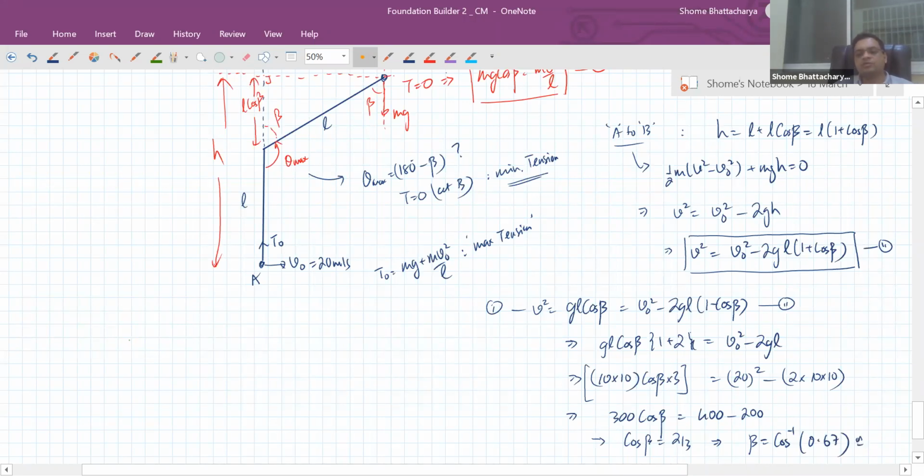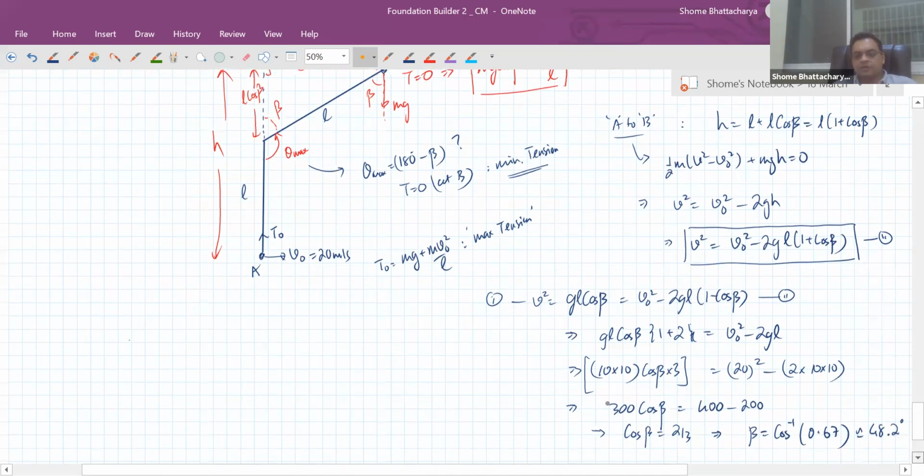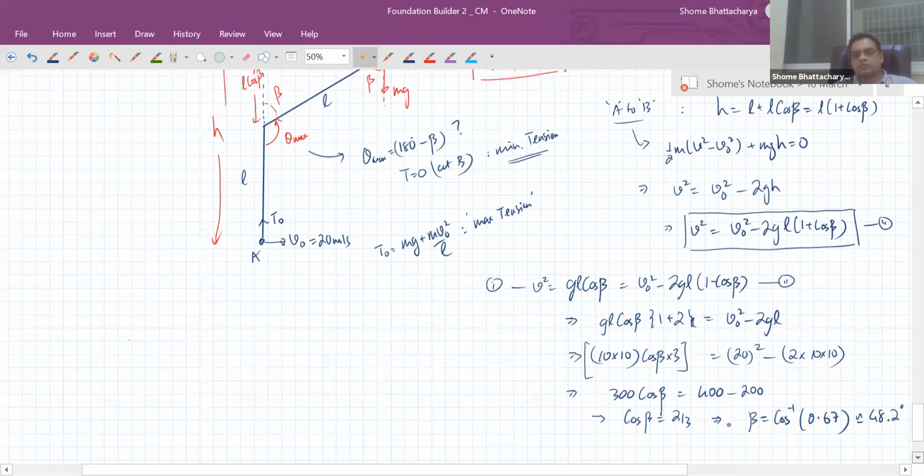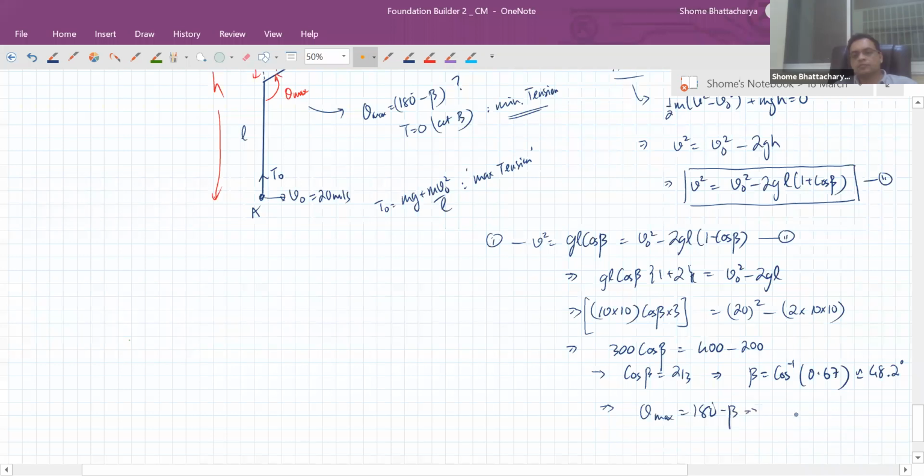Yes, so that is approximately, let me just calculate and tell you. It's about 48.2 degrees. Okay. So from that we'll get our theta max as about 132 degrees approximately.